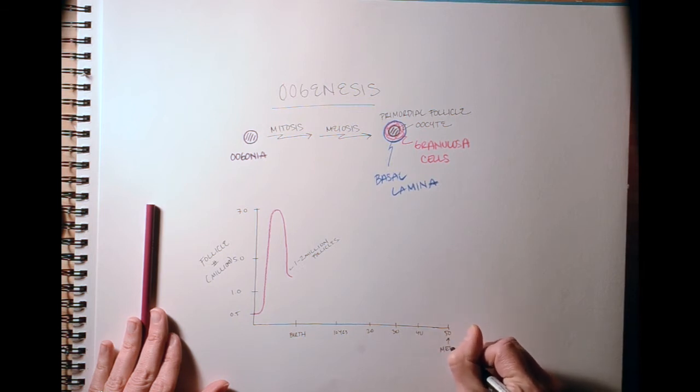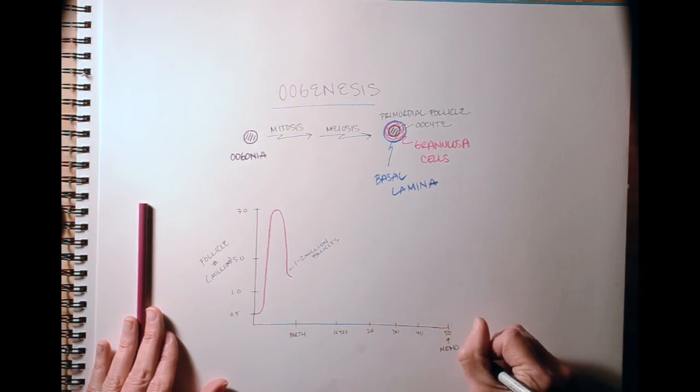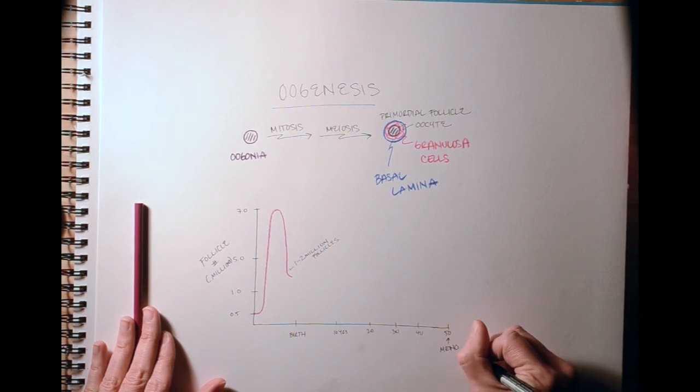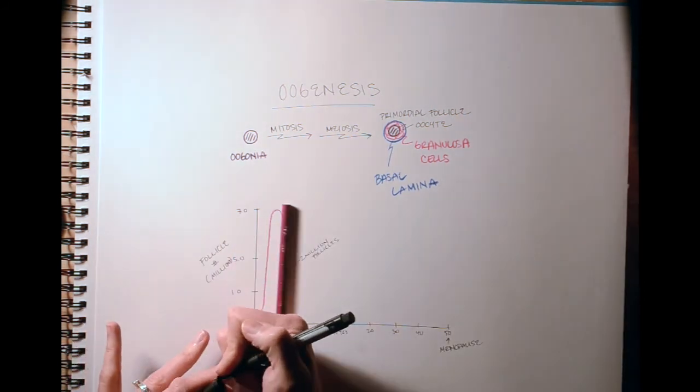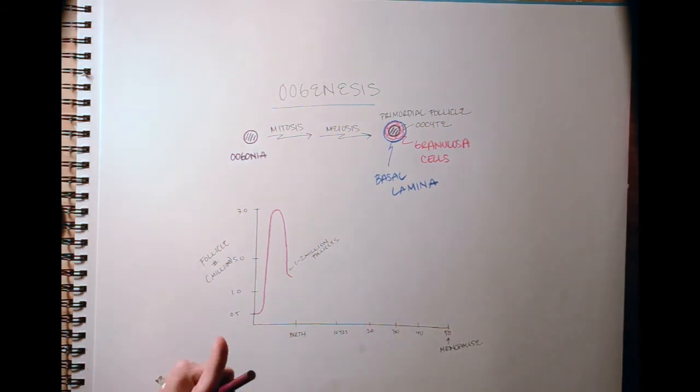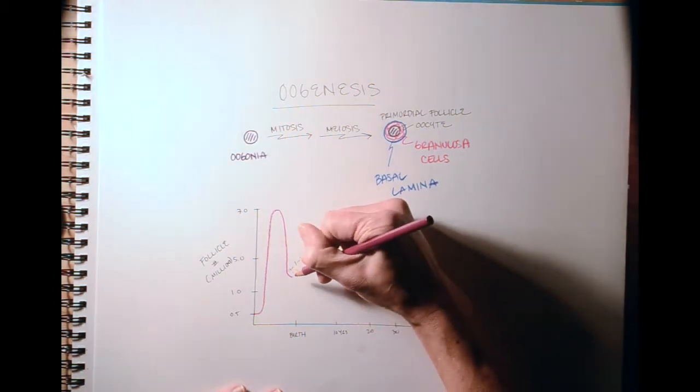50 years is about the average age of menopause, somewhere between 40 and 50 for women, and that means that essentially at menopause we're no longer undergoing the menstrual cycle, we're no longer really releasing primordial follicles, and we'll talk about the menstrual cycle in a moment.